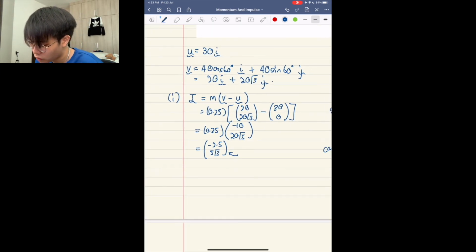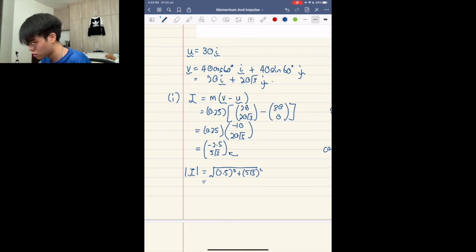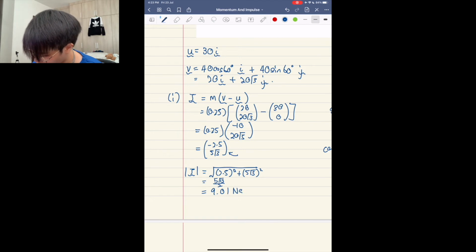So to find the magnitude, we can use the modulus, which is square root of the square of both of these numbers, minus 2.5 squared plus 5 square root 3 squared, which is 5 square root 13 over 2, and in three significant figures, which is 9.01 Newton second.